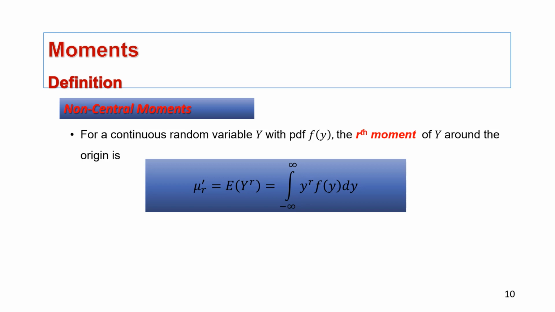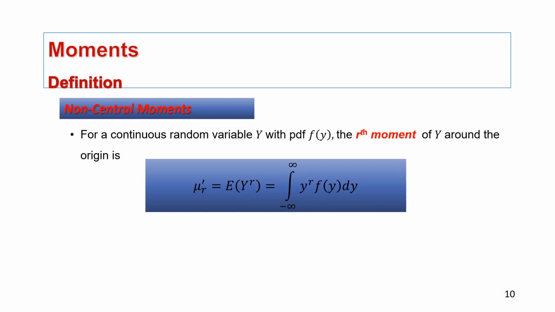Here it's given by mu dash r, the expected value of y to the power r, and it's equivalent to the integration from negative infinity to infinity of y to the power r times the PDF f of y dy. It's the same rule as the discrete case, but instead of integration, there we use the sum.